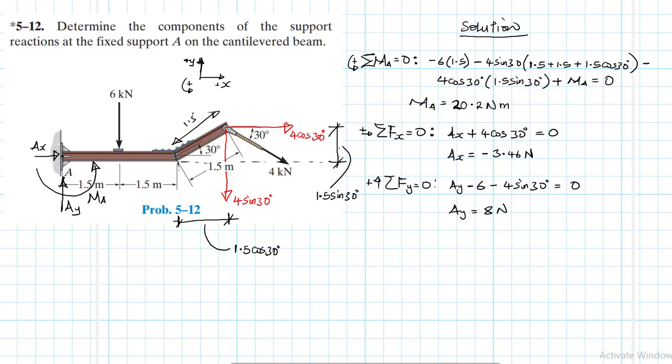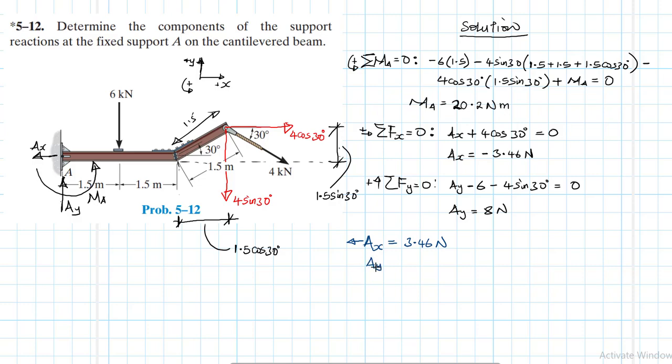So if we were to write this, I'll just change the arrow for AX. Instead of pointing that side, it will point the other way around like that. So we have AX, pointing in this direction, equal to 3.46 kilonewtons.